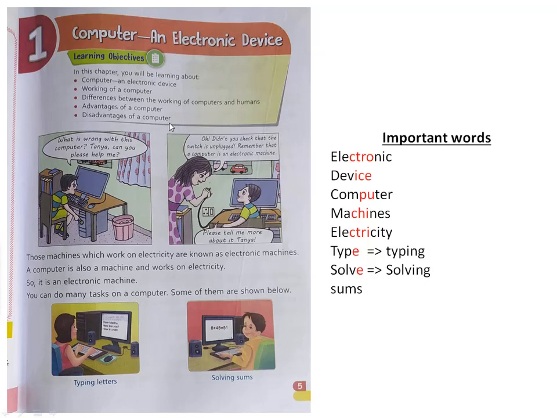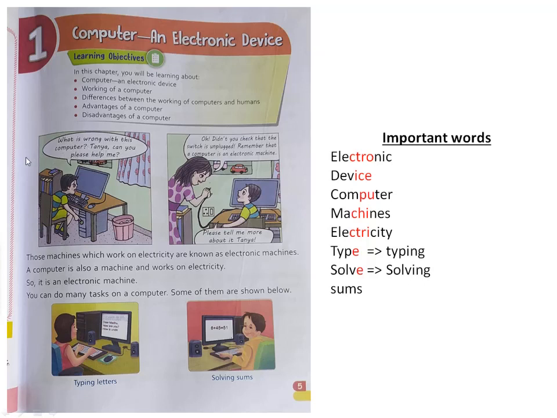Surprising, no? We feel computer is very useful. It has got many advantages, but it has got disadvantages also. Let's see. Now this boy is trying to work on a computer.